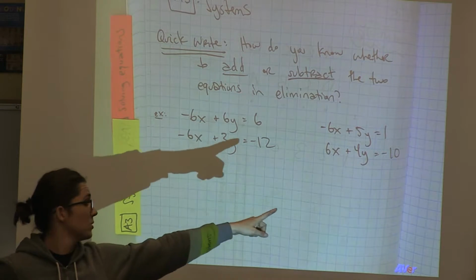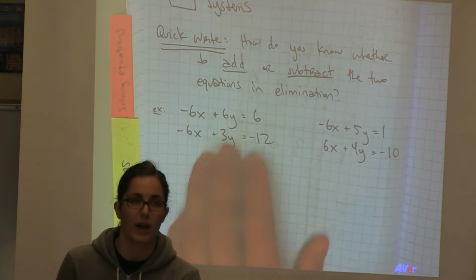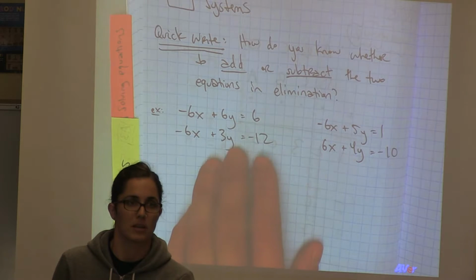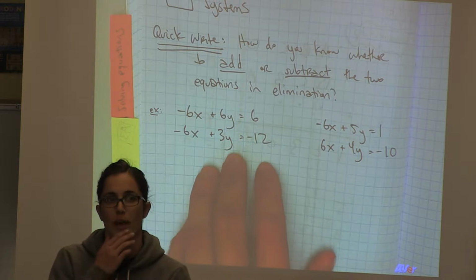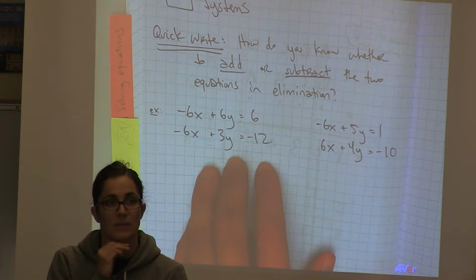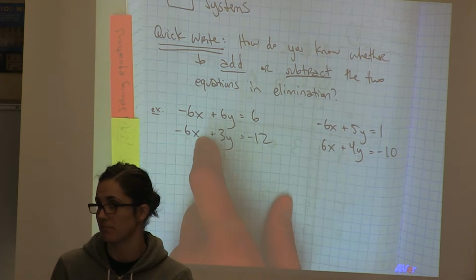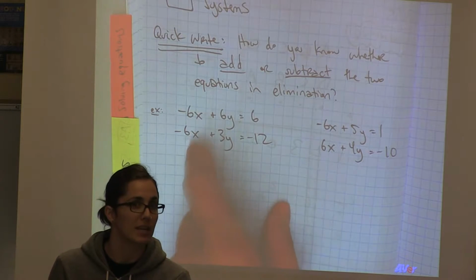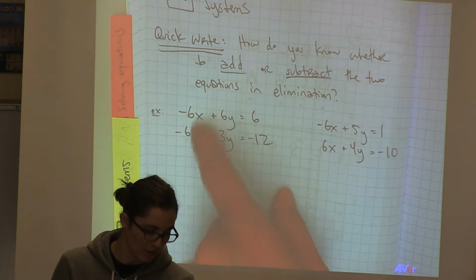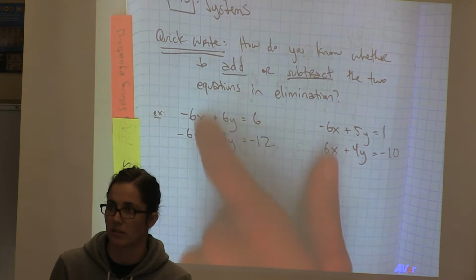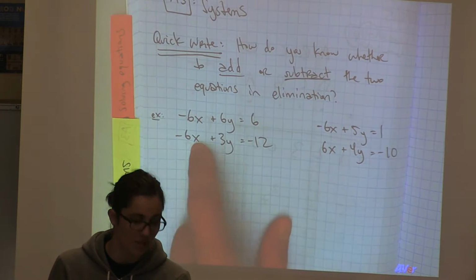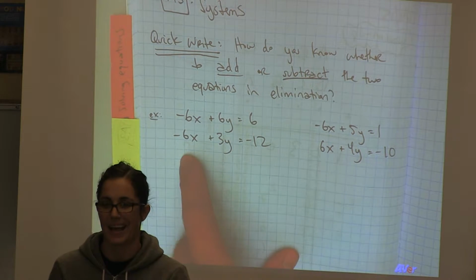Looking at this, which variable, x or y, Abraham, is going to be eliminated? How do you know x? Okay, because they have the same coefficient, right? Because they're both -6, just like Abraham said. Both of the coefficients, the numbers in front, are -6. Now the question is, should I add or subtract?